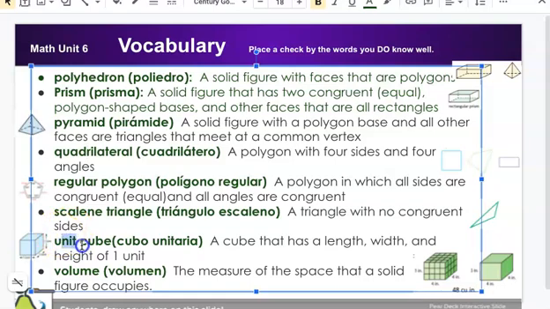So when you have a unit cube, every aspect of that has a measurement, a length of 1 unit. Volume is the measure of the space that a solid figure occupies, which is a little bit different than capacity. So capacity is what goes inside the object, where volume is the measure of the space that a solid figure occupies. All right, we'll be learning about those as we go along.